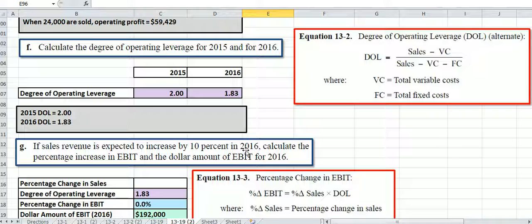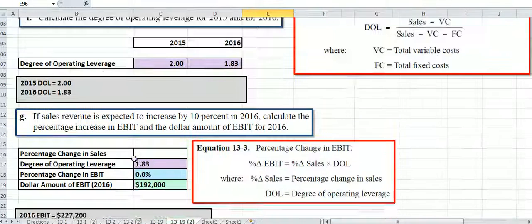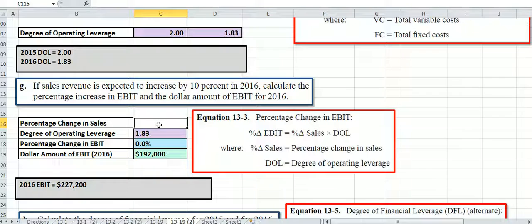Okay. Now the next thing we want to do is say, if we increase sales by 10% in 2016, calculate the percentage increase in earnings before interest and tax. I've got the formulas in here, so you just simply put your percentage right there. We're using this formula right here, and we get the answer that the dollar amount would go up to 227,200 if we increase sales by 10%.